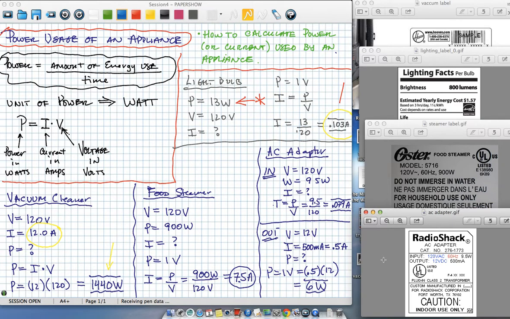Okay, there's a couple of ways we can look at this. Our wattage in is 9.5, but we're only getting 6 watts output. So that means some of the energy that we're using per unit time, energy per second, is being lost. And we know it's being lost because if you've ever felt that AC adapter for your laptop, you know it gets hot.